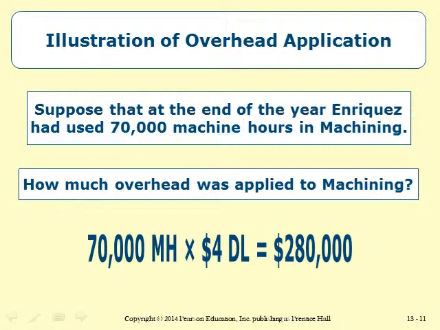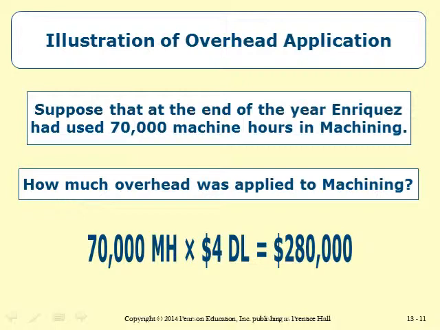Assembly is $190,000 in actual direct labor cost times 50%, and so that gets us to $95,000, so that the total factory overhead applied is the machining factory overhead of $280,000 plus the assembly factory overhead applied of $95,000. So the total overhead applied would equal $375,000.